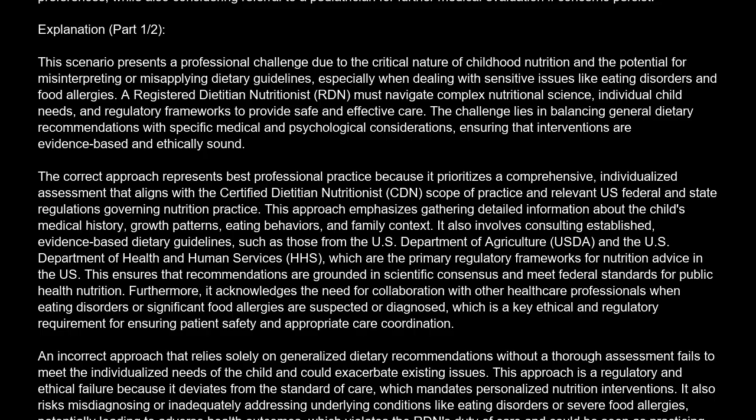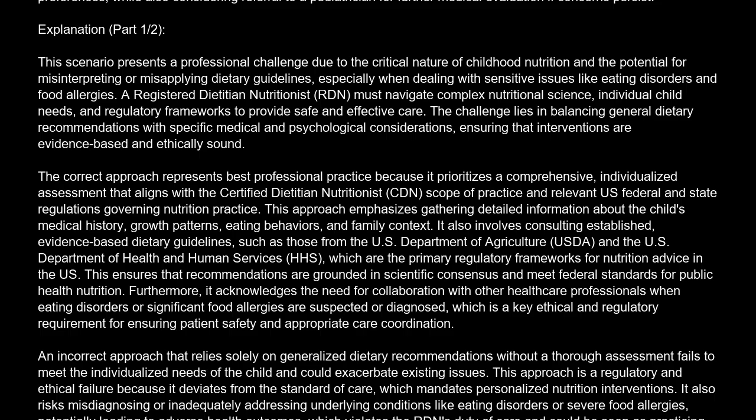Furthermore, it acknowledges the need for collaboration with other healthcare professionals when eating disorders or significant food allergies are suspected or diagnosed, which is a key ethical and regulatory requirement for ensuring patient safety and appropriate care coordination.